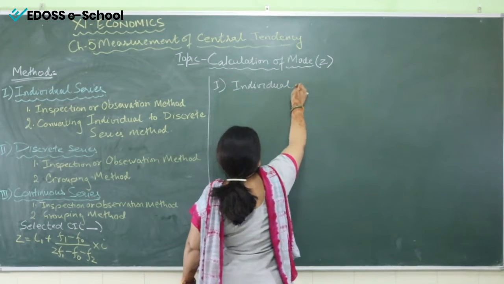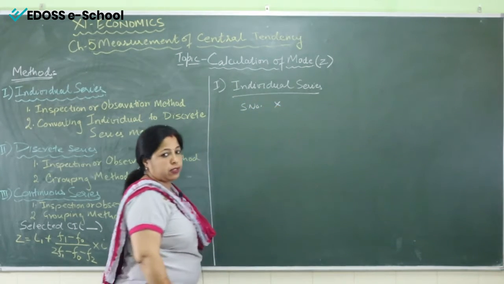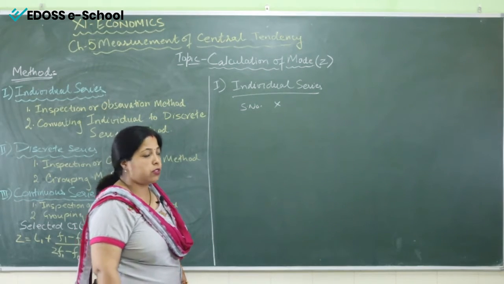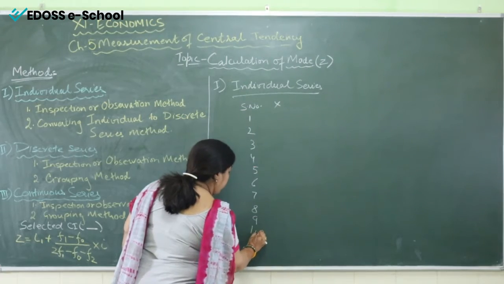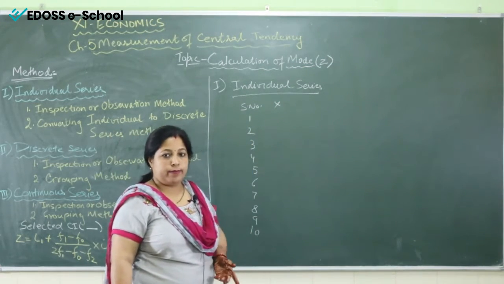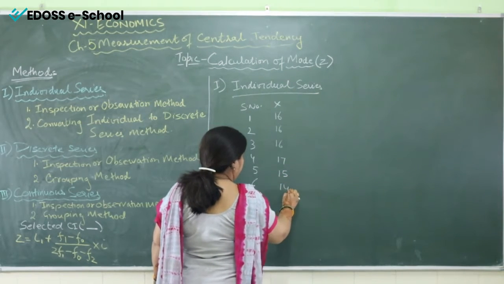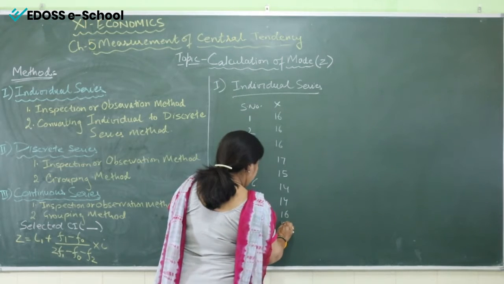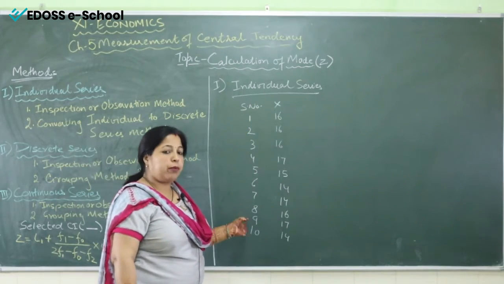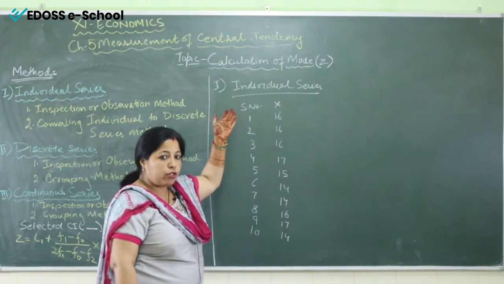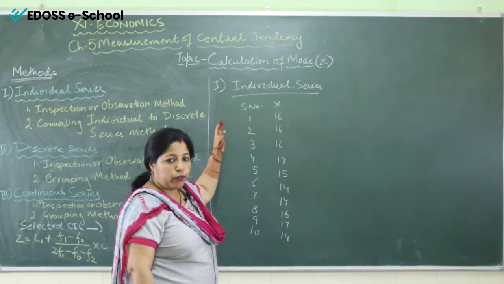In individual series we have the serial numbers and the data X. Suppose I am taking 10 students, numbered 1, 2, 3, 4, 5, 6, 7, 8, 9 and 10, and I am writing their age: 16, 16, 16, 17, 15, 14, 14, 16, 17 and 14. This is the individual series.